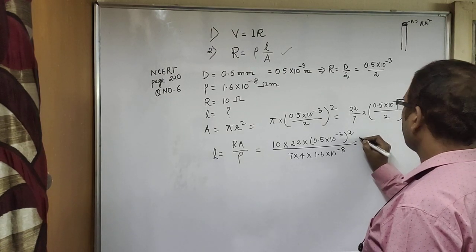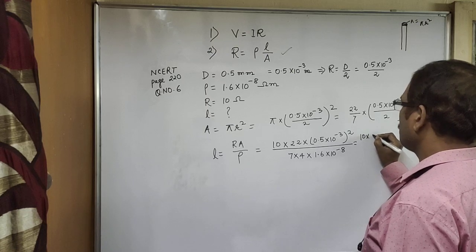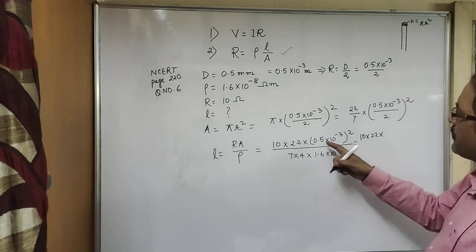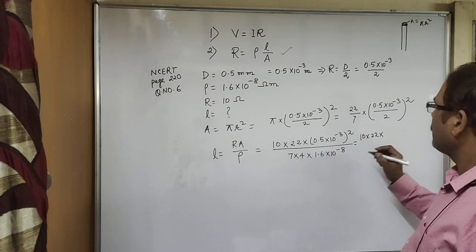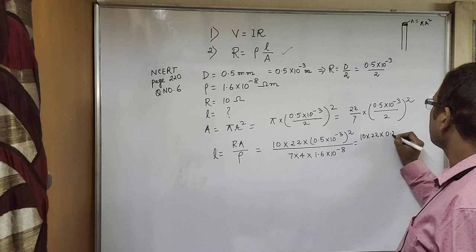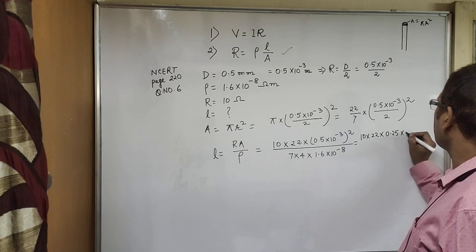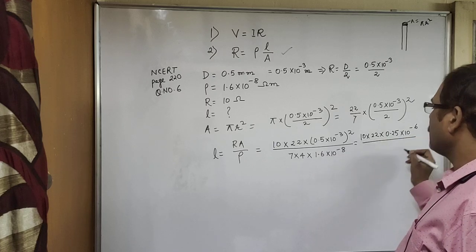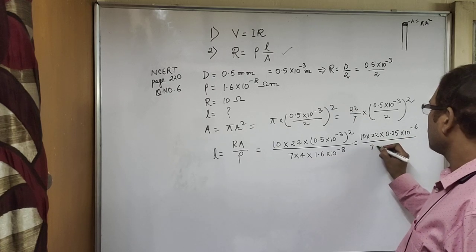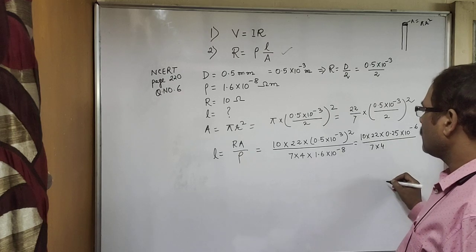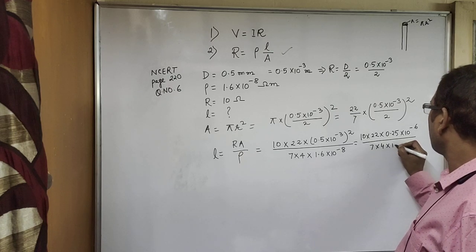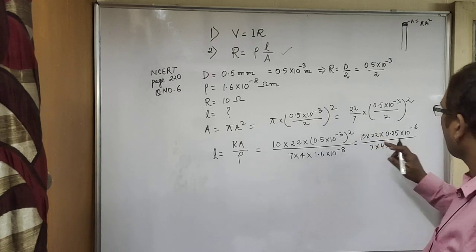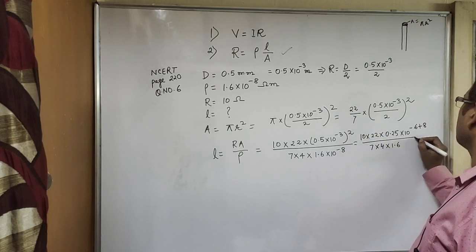So this can be written as 10 into 22, into 0.25 into 10 to the power minus 6. And in denominator we have 7 into 4 into 1.6. If 10 to the power minus 8 will go upwards, it will be plus 8.